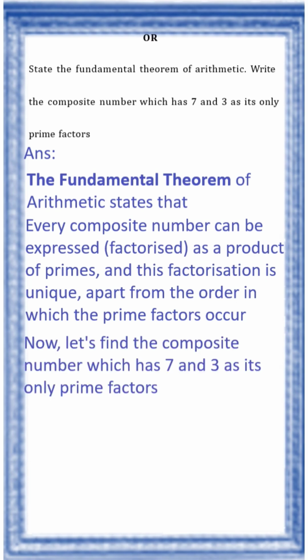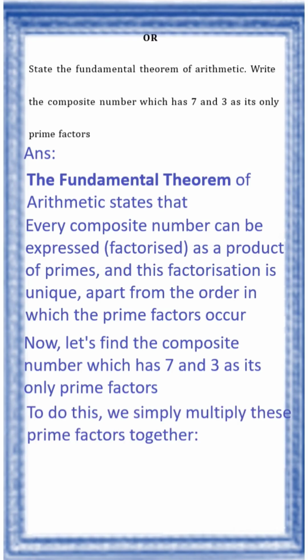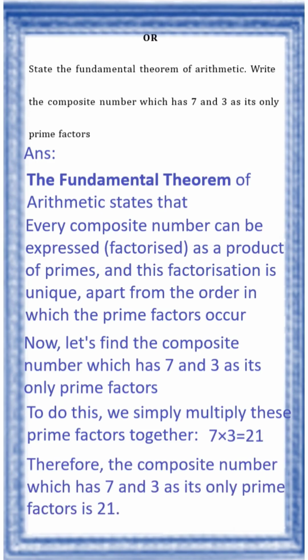Now let's find the composite number which has 7 and 3 as its only prime factors. To do this, we simply multiply these prime factors together. 7 into 3, that is 21. Therefore, the composite number which has 7 and 3 as its only prime factors is 21.